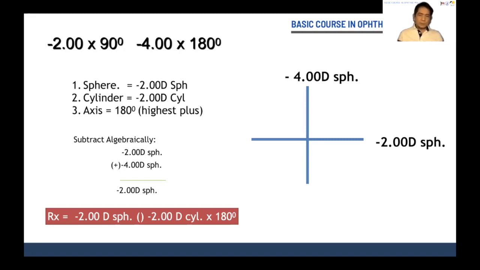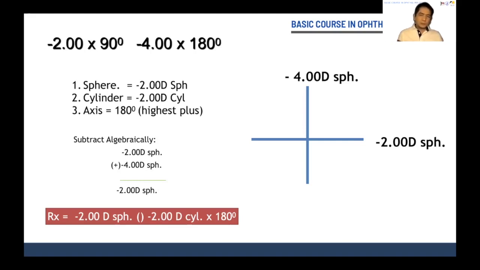Okay, so let's get the sphere. The spherical power, again, is the highest plus, in this case minus 2. The cylindrical power is the difference between the two powers. So that's 2 diopters, and it's minus, subtract algebraically. Okay, so the axis now will be the area of the highest plus.